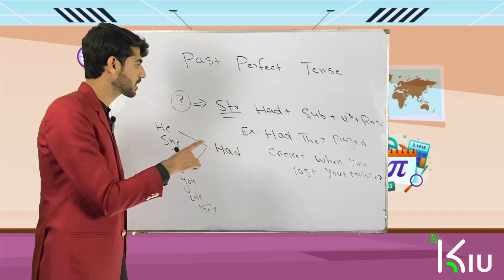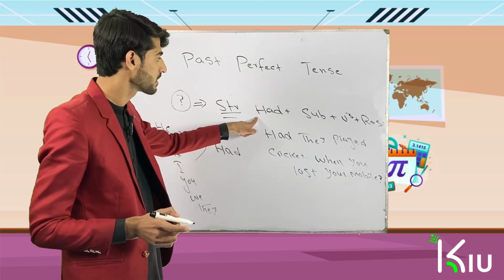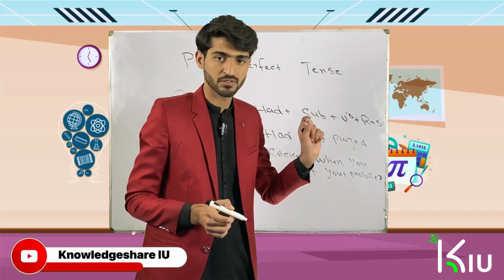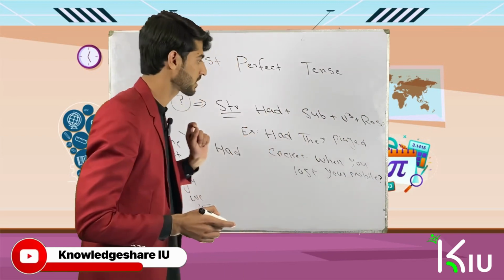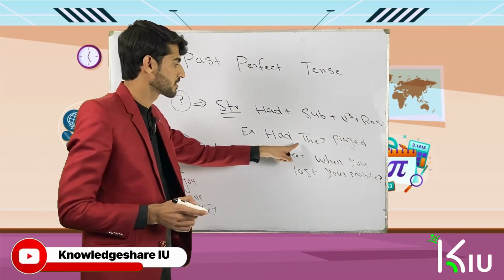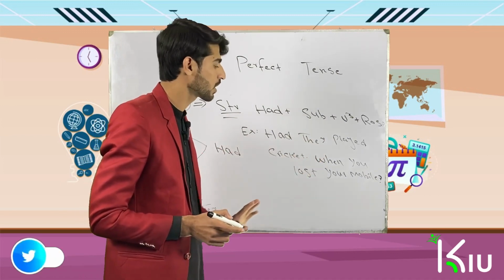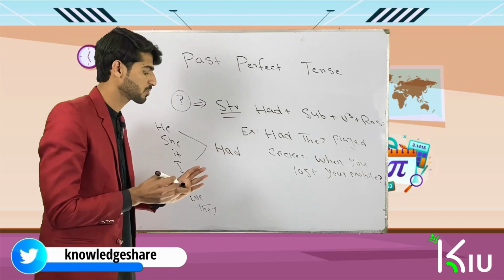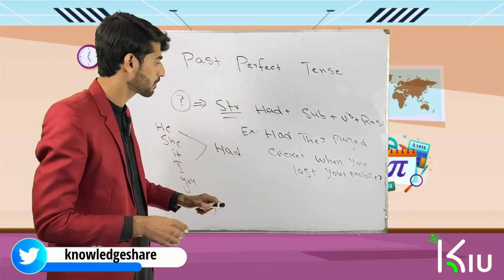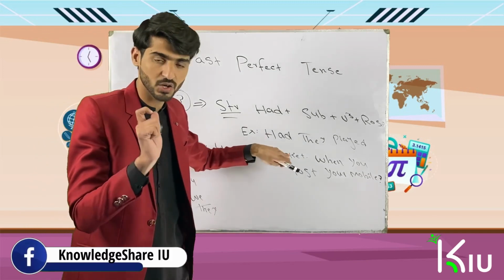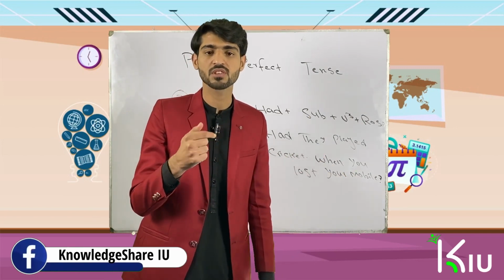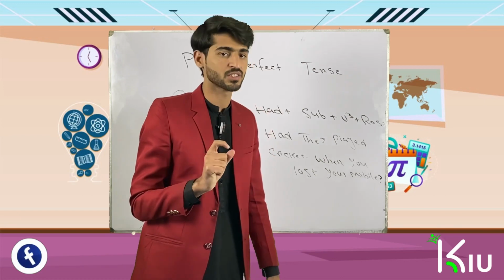So in the interrogative structure, first of all, we will put had. Then after that, we will put the subject, then the third form of the verb and then the rest of the sentence. Look at the example. Had they played cricket when you lost your mobile? As we said in the rules, the first action will be in past perfect and the second action will be in simple past tense.